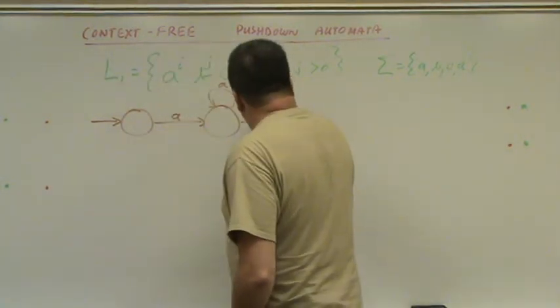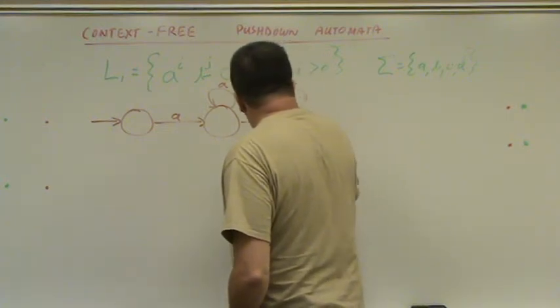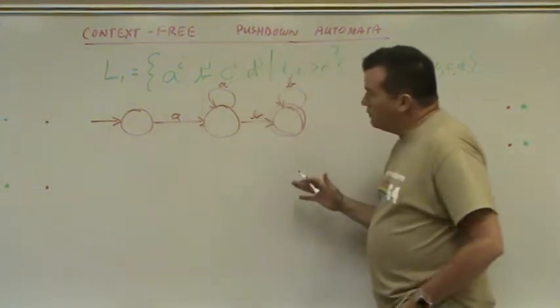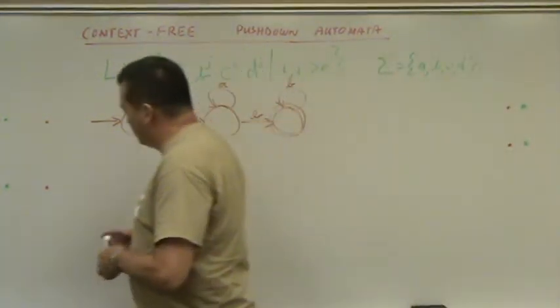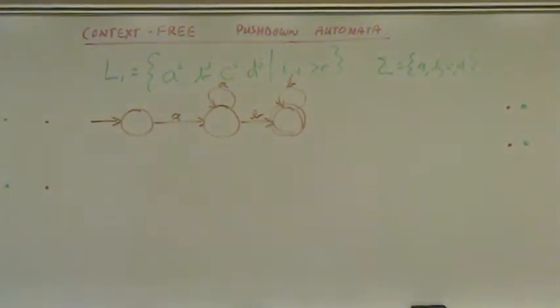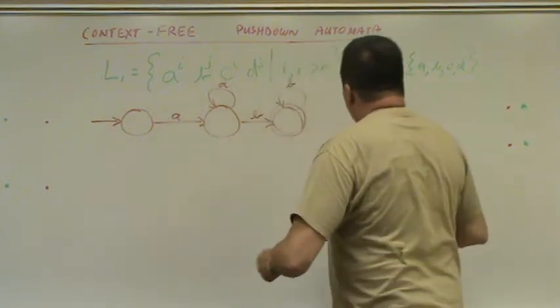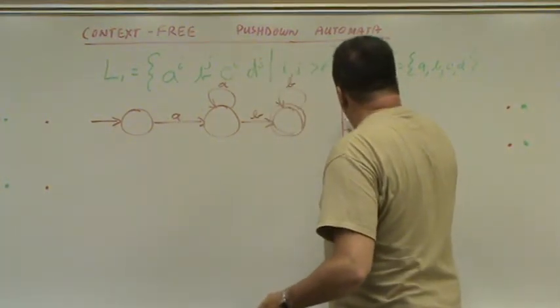Then you eventually read a B, you can read more B's, and this is a final state. The only operations you're allowed to do as far as memory is concerned are ones where you can add memory, delete memory, or look at the most recent value of your memory. So we're going to have a stack, which maybe will start off as empty.